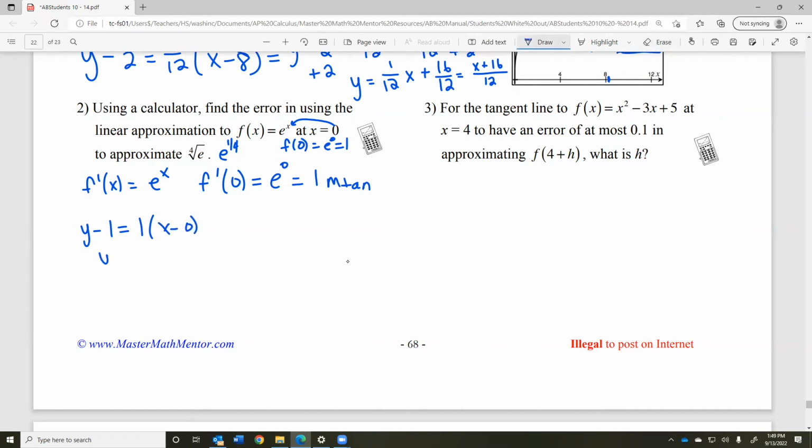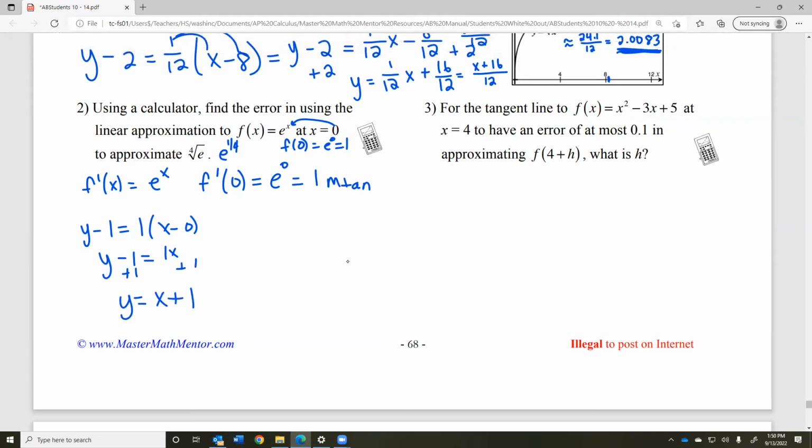And we end up with y minus 1 is equal to 1x plus 0. We add 1 to both sides. So we get y equals x plus 1. And then we can plug in 1/4 to that because we're trying to evaluate at x equals 1/4. So our approximation, e to the 1/4 is approximately 1/4 plus 1.